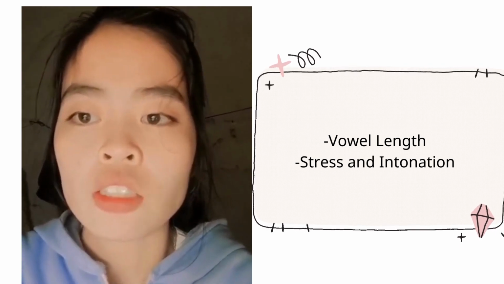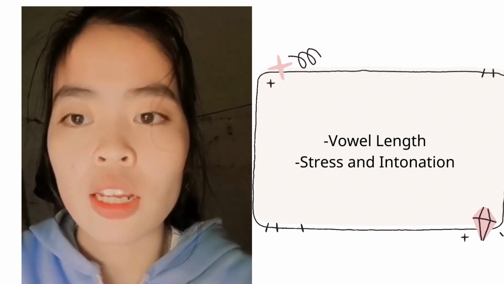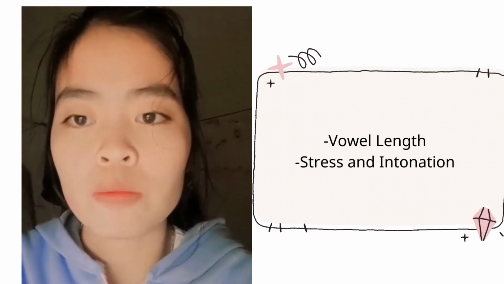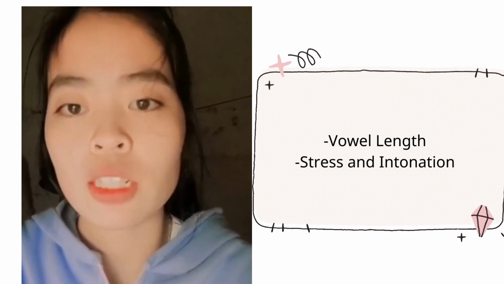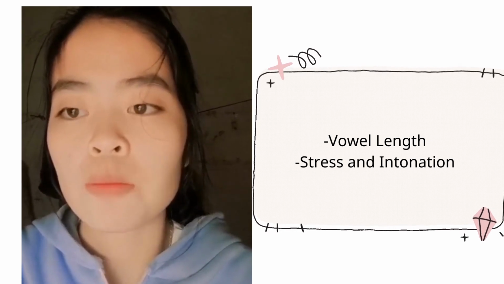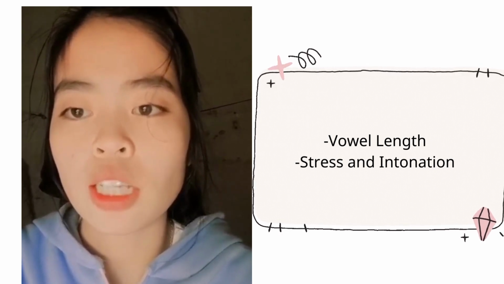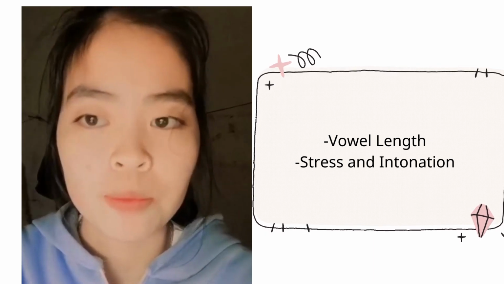English has its own rhythm, its own vocal music. This means that one part of a word is said louder and longer than other parts of the same word.